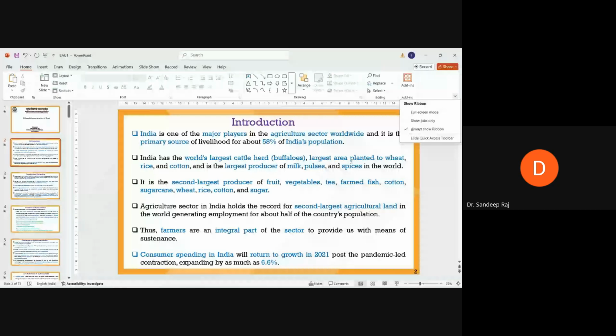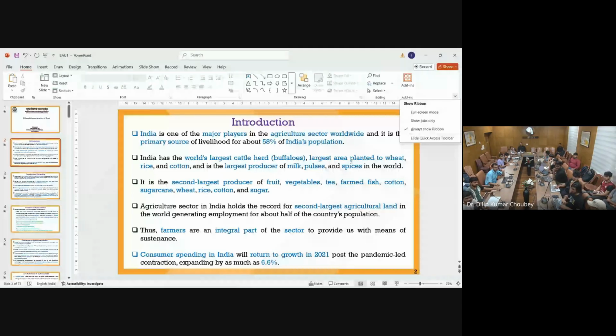Sir, your slide is not changing. Okay. Sir, your slide is not changing. Yes, sir, right now it is visible. Okay, thank you. So, let me do one thing. Let me share the complete screen.